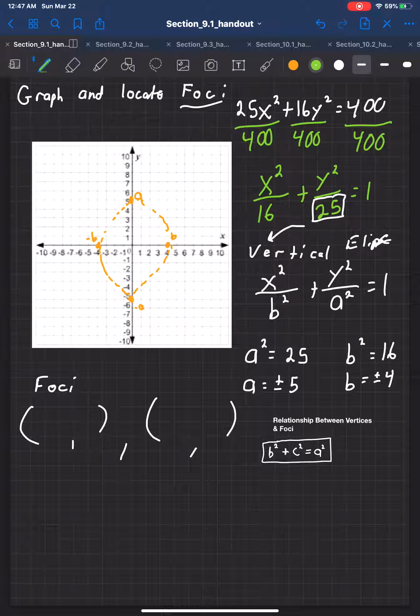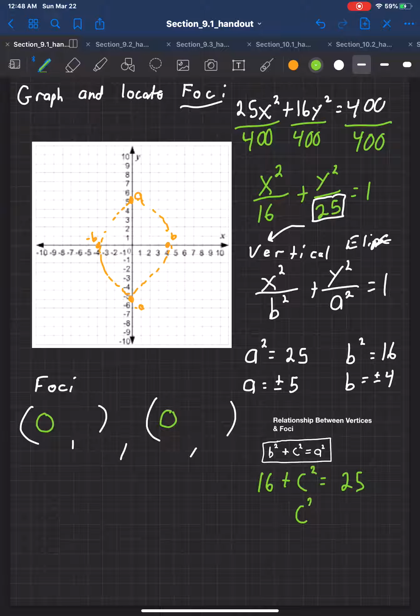I already know the x values are 0 because I know that the focal points are going to lie on the y-axis. I just need to figure out how far do I go up and how far do I go down. Let's plug in. Since b squared is equal to 16, I have 16 plus c squared is equal to 25.